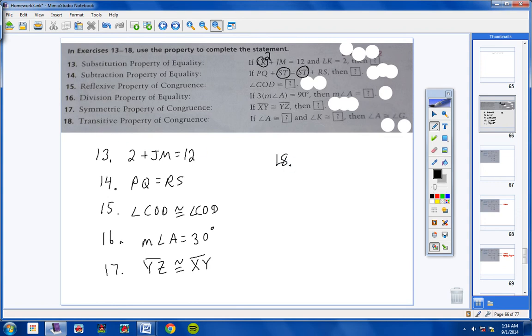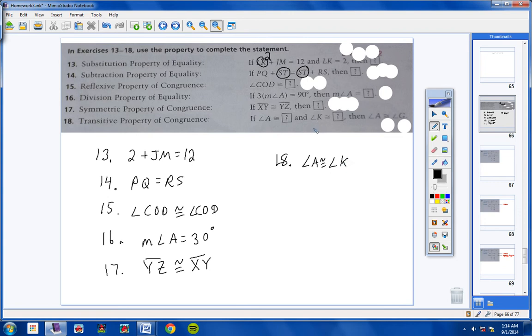the transitive property of congruence. If angle A is congruent to blank and K is congruent to blank, then A is congruent to G. Okay, let's think this through. Angle A is congruent to blank. Well, it's got to be angle K, because that's what came next.